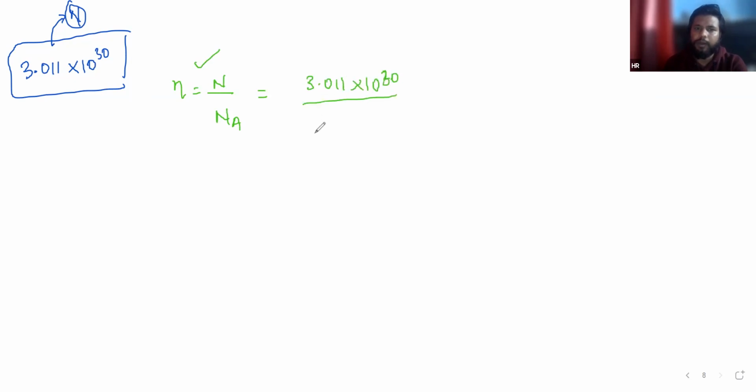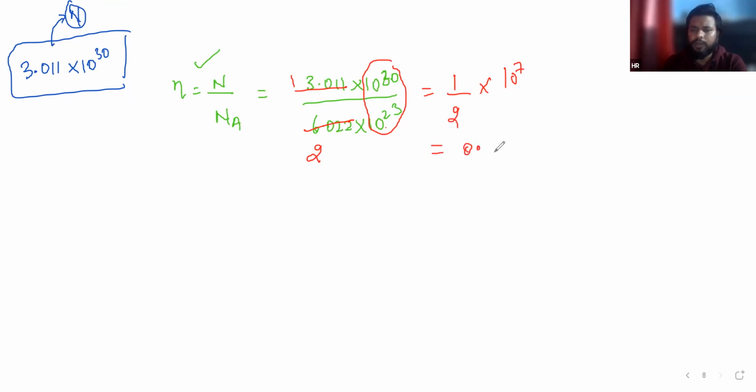And what is the Avogadro number? 6.022 into 10 raised to the power 23. If you solve this, you will get 10 raised to the power 7. And it will be cancelled by 1 by 2 and 0.5, so you can solve it easily. 1 by 2 equals 0.5 into 10 raised to the power 7 moles.